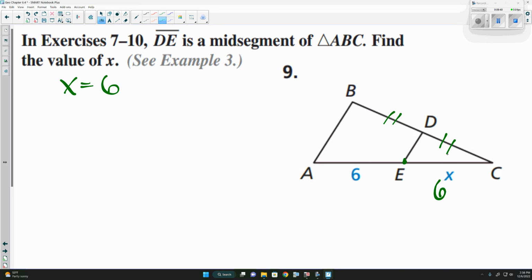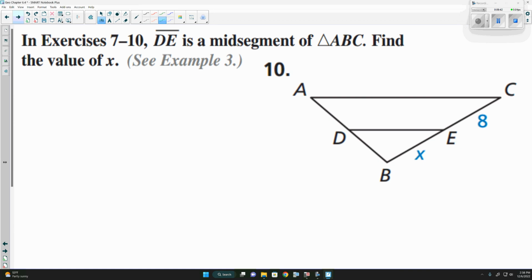Any other questions on this here? So what would X be? Because again, it's connecting the midpoint. E is a midpoint, so EC and EB would be the same.